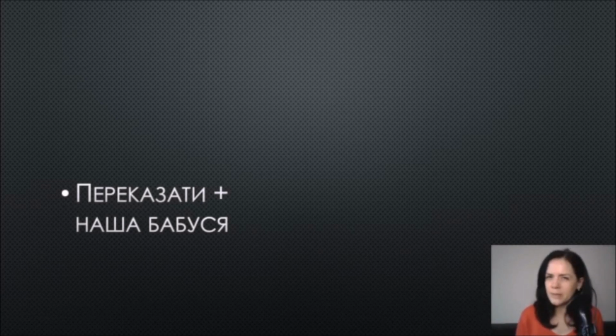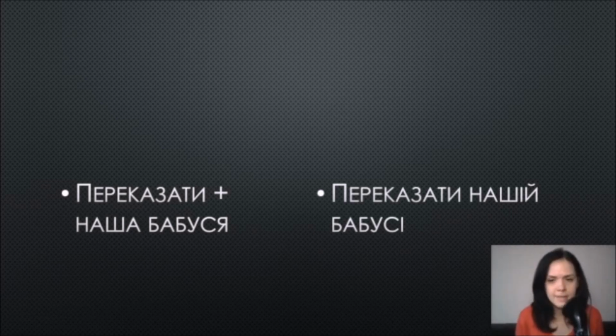And yes, will you be surprised if I tell you that I have a video on declension of possessive pronouns in Ukrainian as well? I will link it somewhere here. So take your time to say to tell to our grandmother. We will say переказати нашій бабусі. Переказати нашій бабусі. You can see that наша бабуся in nominative became нашій бабусі in dative.